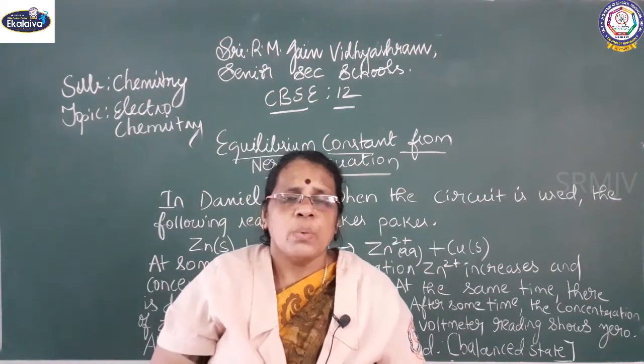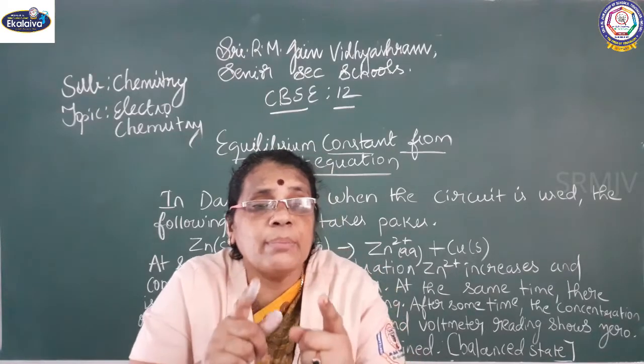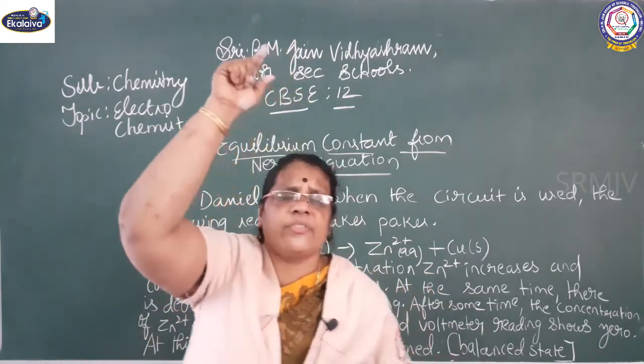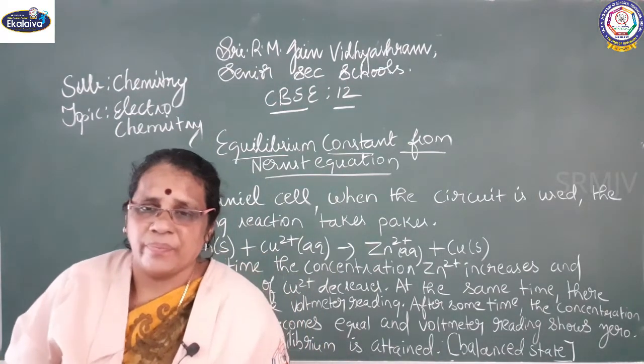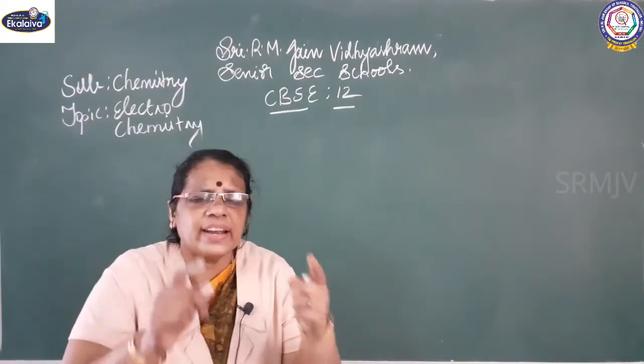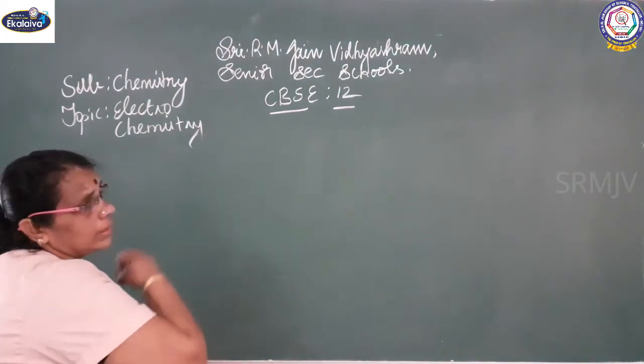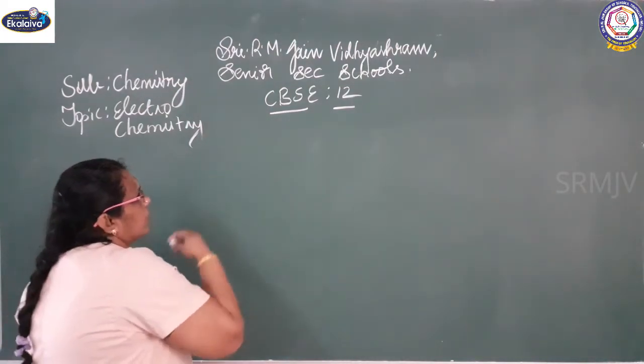At this time, what can we infer? Equilibrium is attained. Now we are going to derive the equilibrium constant from the Nernst equation.